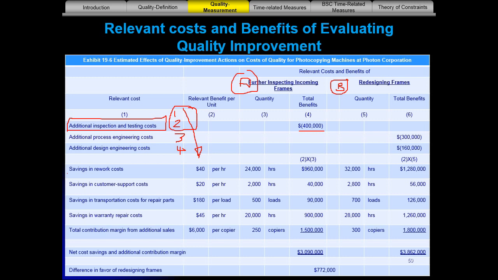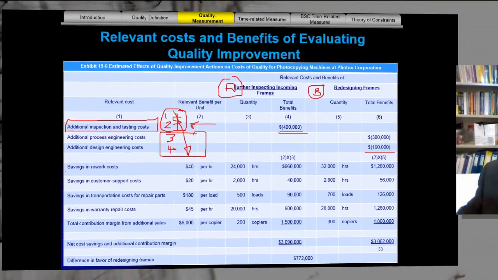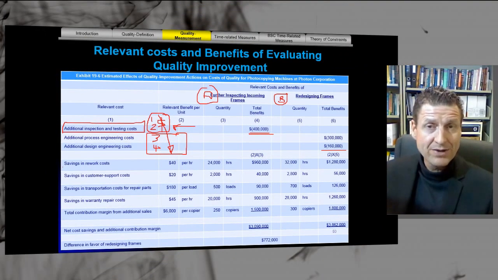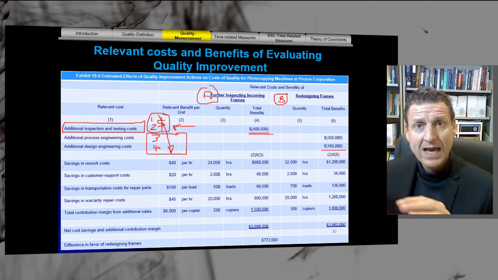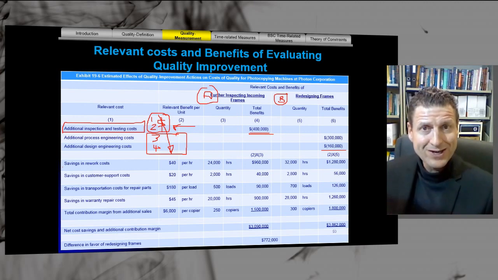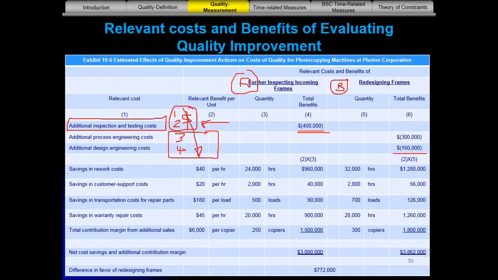And the idea is if you spend dollars here, that is $400,000 for option A, or $560,000, that's $300,000 plus 160 for option B. If you spend that amount here, you're going to get benefits down in terms of savings, in terms of less internal failure, in terms of less external failure. So let's just have a look at some of these Group 3 and Group 4 costs that we are saving, and they are the benefits that we are looking for with these initiatives.